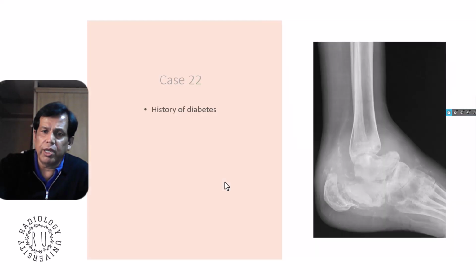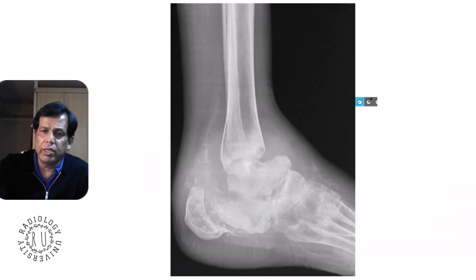So this patient has a diabetic history, and I think you all must have seen these cases many times. There is destruction of the proximal subtalar joint, deformed bones, and density is not as much lost. There is a lot of disorganization in the joint.